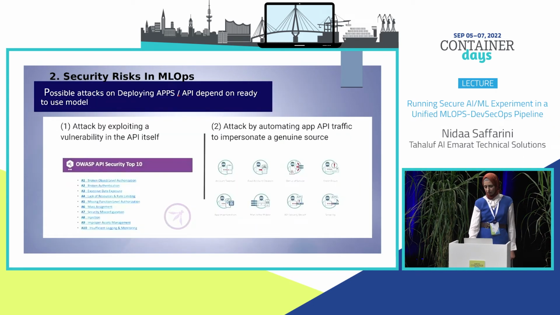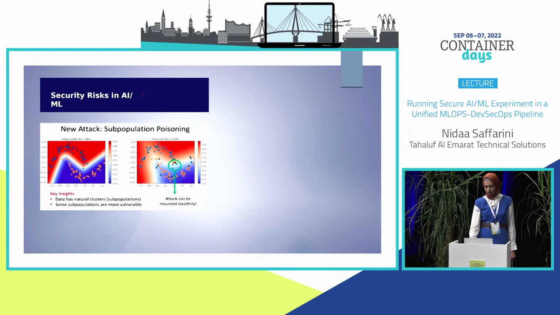We have a lot of different types of attacks, starting from unauthorized access and breaches, database attacks, and misconfigured systems. We have a lot of vulnerabilities that lead to attacks on apps.